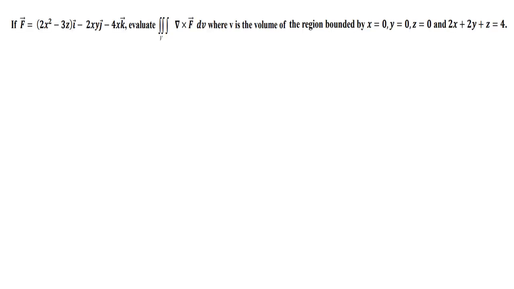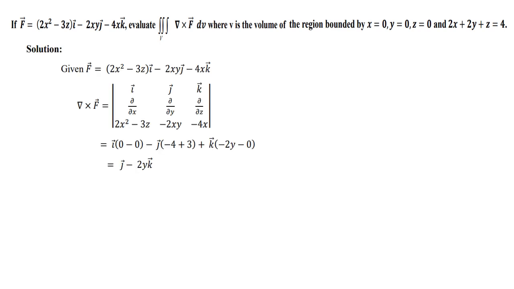So if f vector is equal to (2x square minus 3z) i vector minus 2xy j vector minus 4x k vector, evaluate the triple integral of the cross product del cross f vector dV, where V is the volume of the region bounded by x is equal to 0, y is equal to 0, z is equal to 0 and 2x plus 2y plus z is equal to 4.